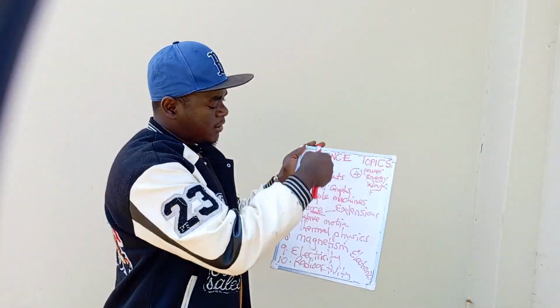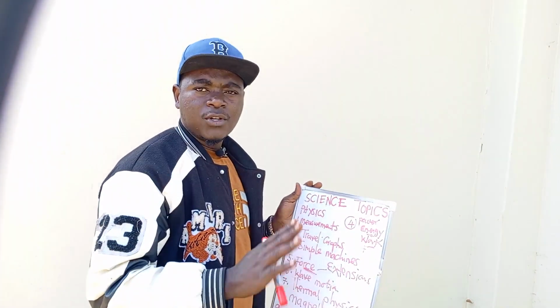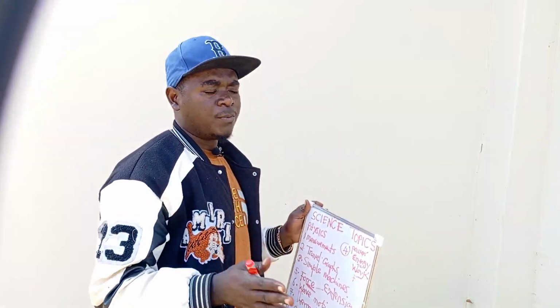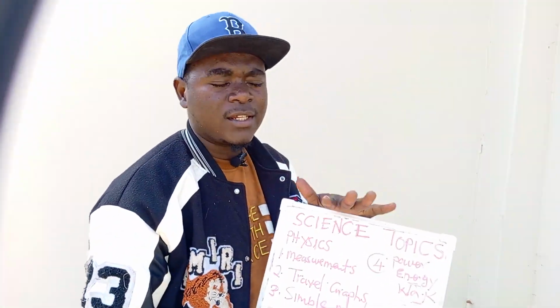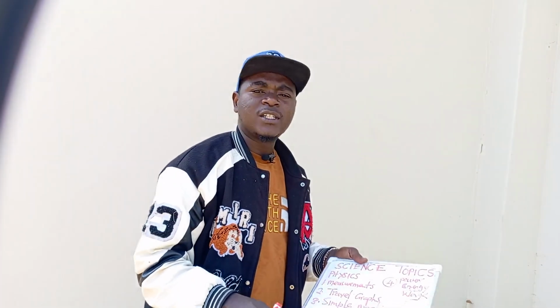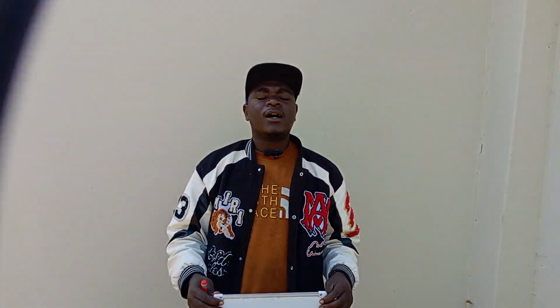Any topic that you think is not here, put it. Put 3 to make 15, so that you study those 15 topics in physics. Physics is a subject that is so simple, and I know most of you are going to pass and get a distinction in science. So for science, these are the topics that you need to get.